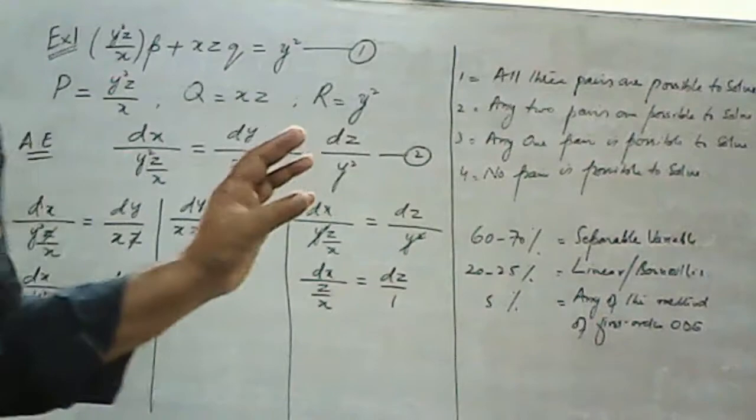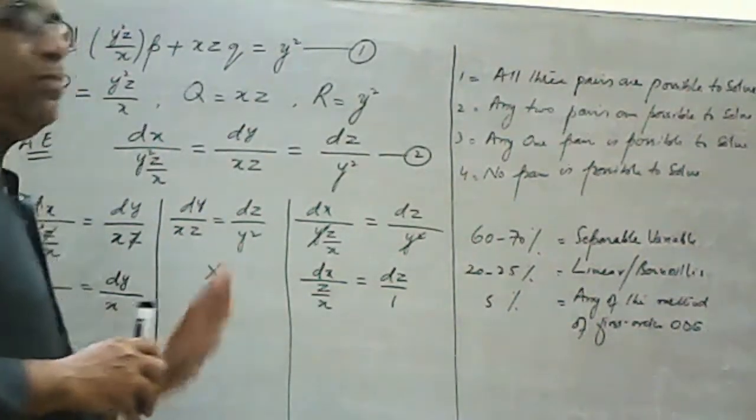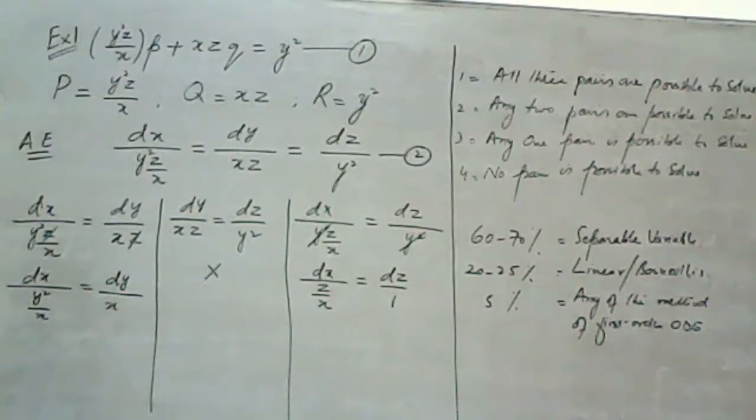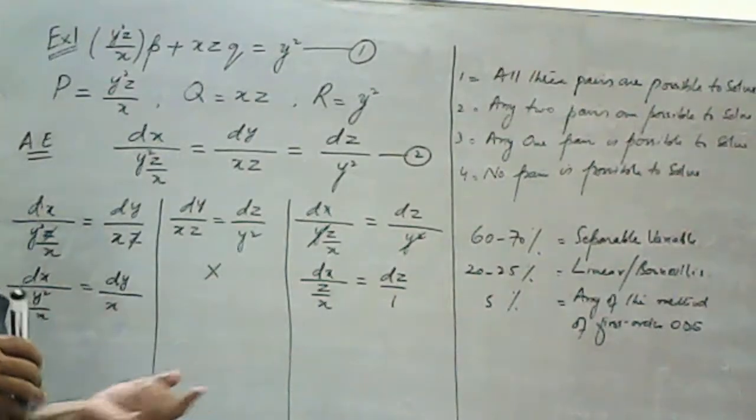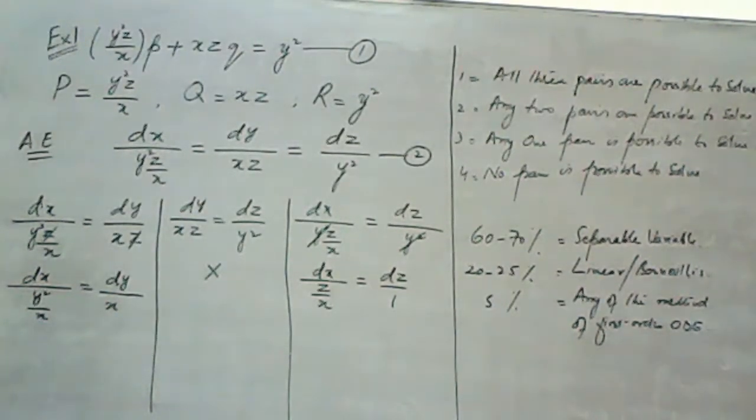This is just a hint that once you have this pair, think of separable variable first, because generally in 60 to 70% cases you will find that this pair lies in the category of separable variable. If it is not the case, then think about linear or Bernoulli's method. And still, if that is not the case, then think about other methods like reducible to separable, like homogeneous, like non-homogeneous. Think about other methods as well.